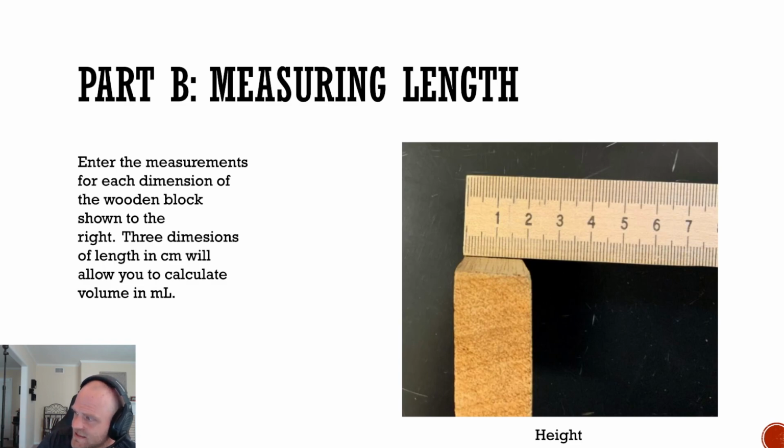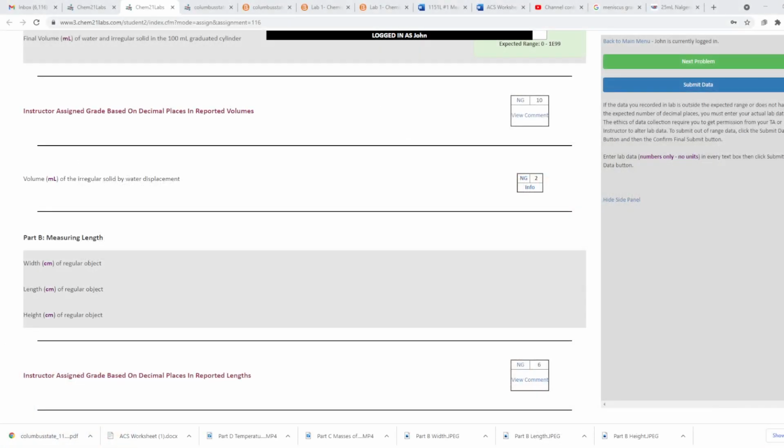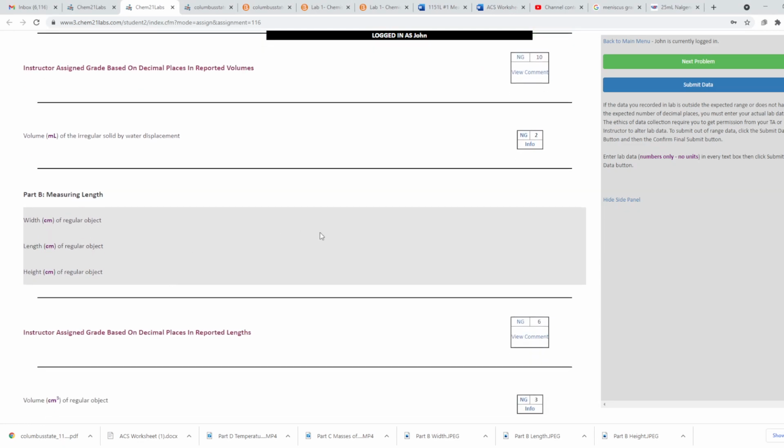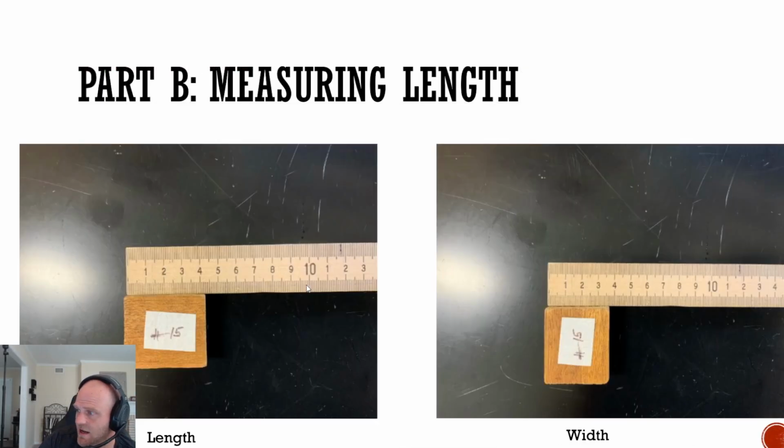So either way, these are the images for the part that you'll need in Chem 21. I hope I don't confuse anybody here, but you'll go through the measure and length portion. You'll enter in all the different values from the PowerPoint, right? This is the height, that's the length, that's the width. Make sure to add an estimated digit, right? So just looking at this one kind of from afar, I'm not going to get too in depth with it, but I'll just say 4.50, right?